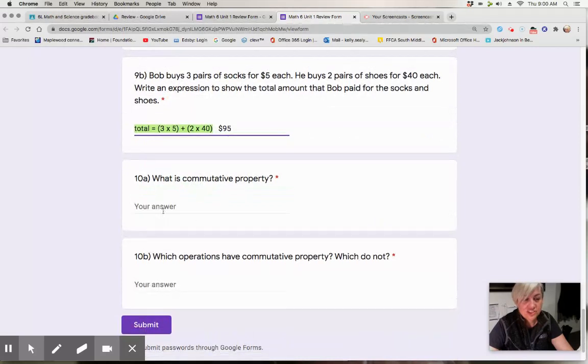Okay, question 10a, commutative property. It means when you flip 2 numbers around, you get the same answer. So an example could be a plus b is the same thing as b plus a. Okay, it also works for multiplication.